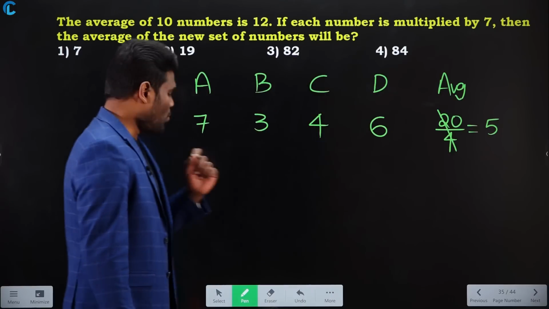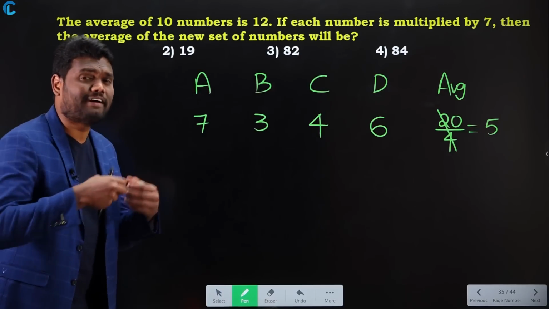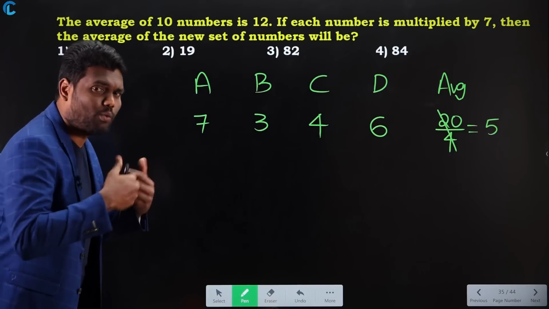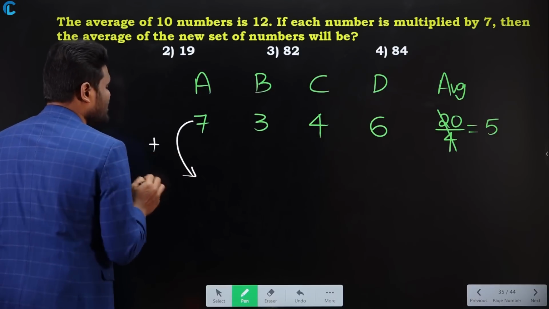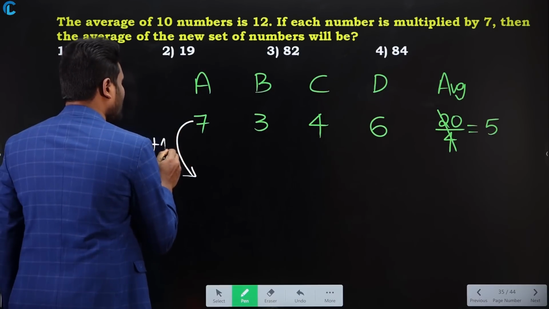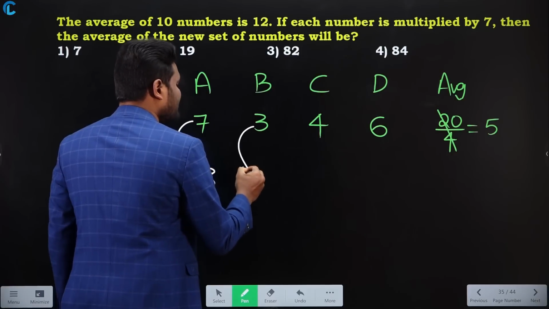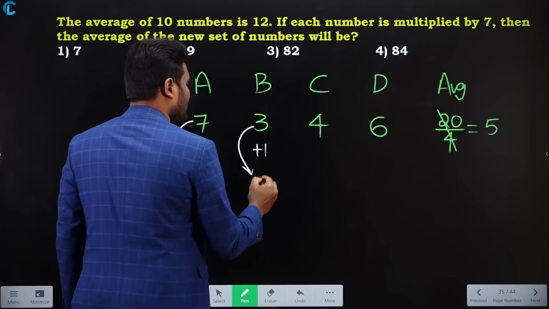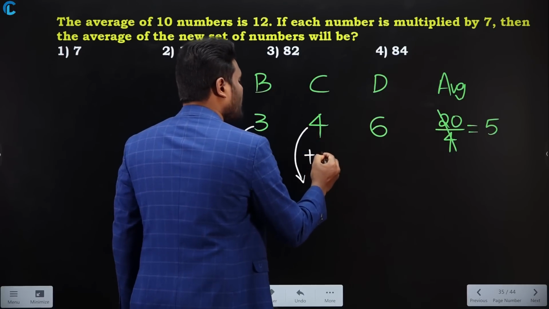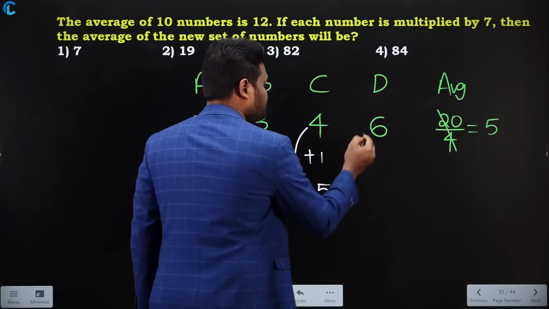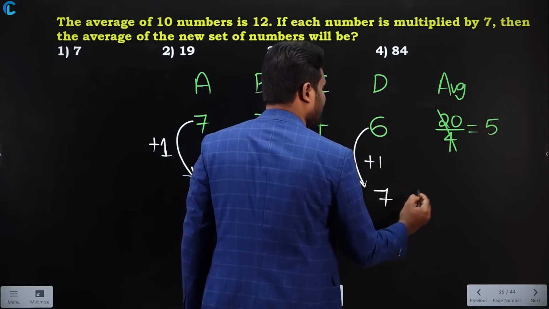Yes or no? Now what I am going to do is add one apple for each of them. 7 plus 1, now it is going to be 8. Similarly, 3 plus 1 is 4. 4 plus 1 is 5. 6 plus 1 is 7.